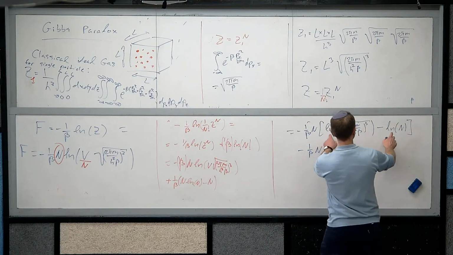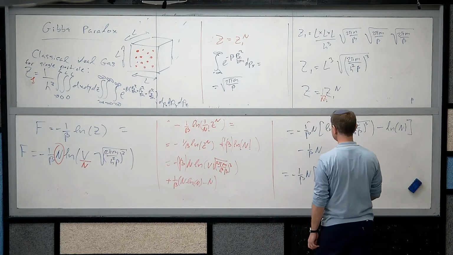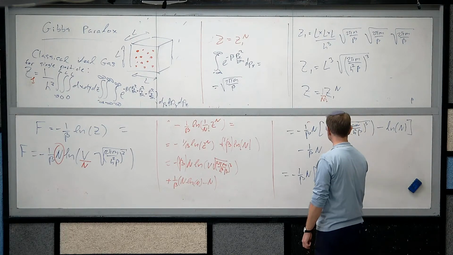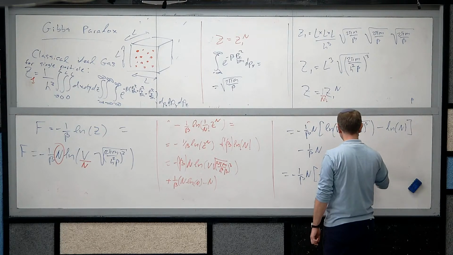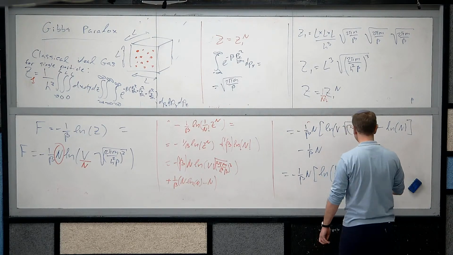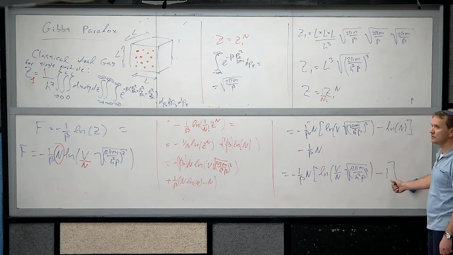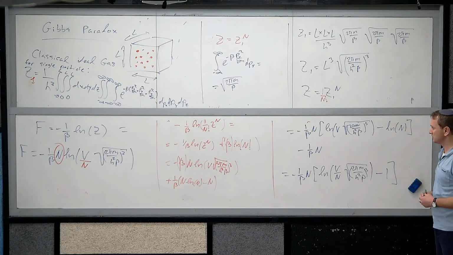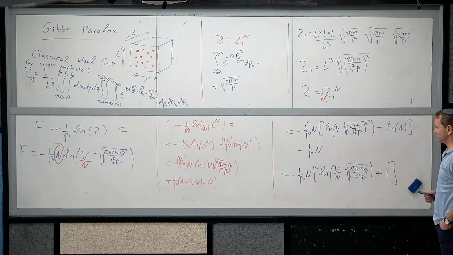Okay, let's combine those logarithms together. And we have minus 1 over beta n log of v divided by n, square root of 2 pi m over h to the second power beta to the third power, minus 1. This is already an extensive function, right?